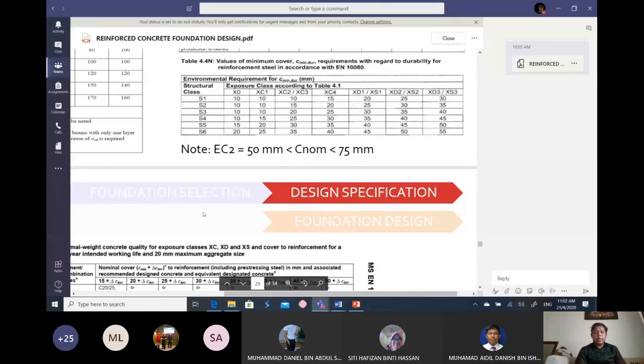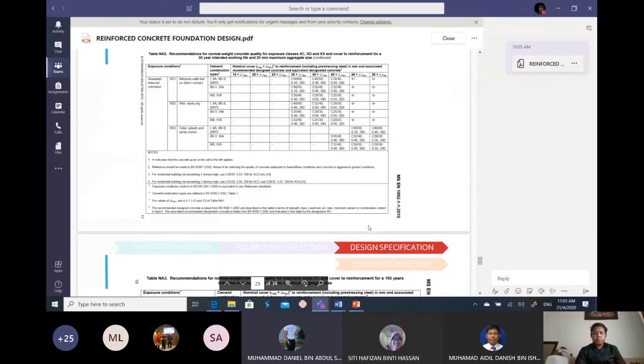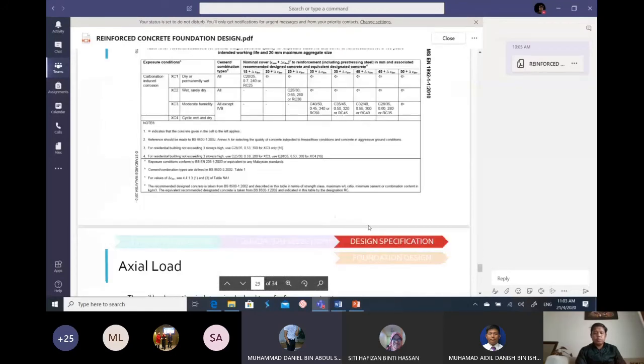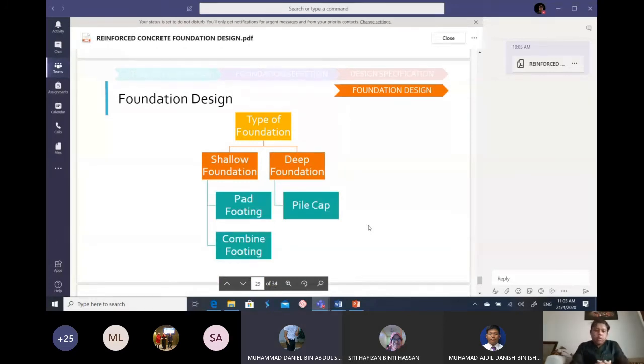Faham, sir. Any other question? Saya nak tanya. Macam contoh, nanti bila kita nak design, NED tu kita ambil daripada apa?